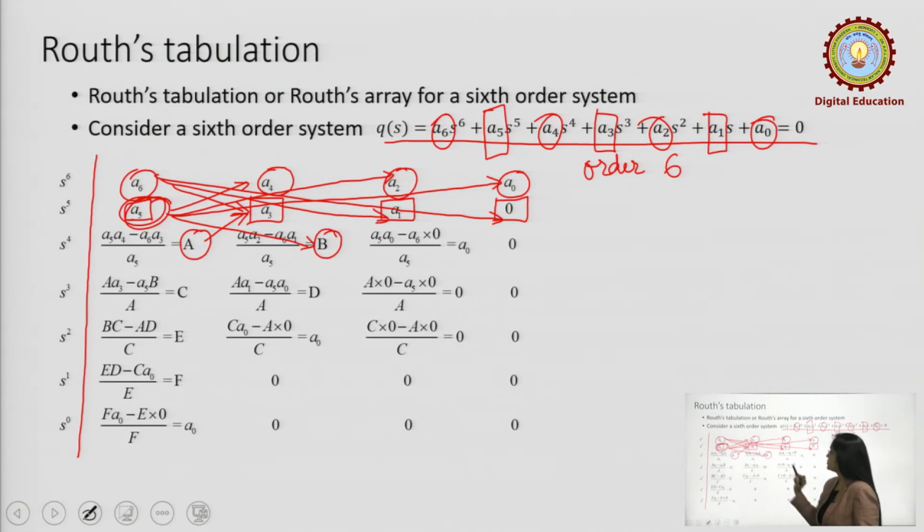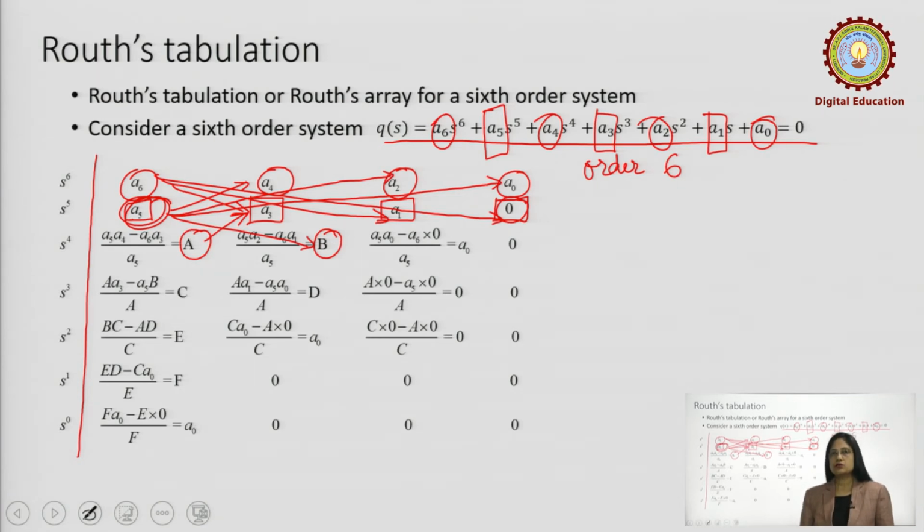This element is obtained, and here we obtain the element a5 multiplied by 0 upon a, which we get as 0. Thus, the table is complete till we obtain the element. This is for reference what would be the last row. So, the last row is for s raised to 0. This is how the Routh's tabulation or the Routh's array is framed.